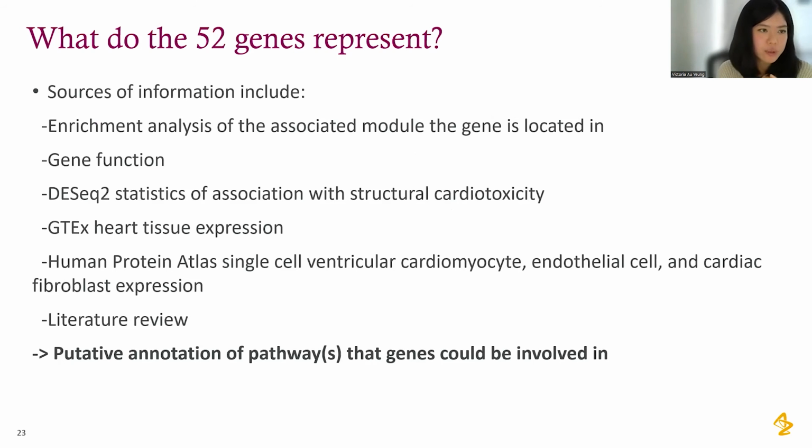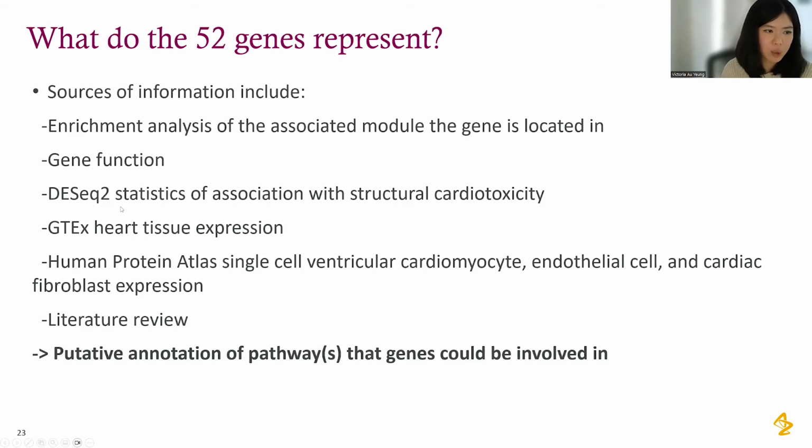So in order to achieve this, we pulled together information about these genes from different sources. One way was to look at the gene ontology terms that gene was a member of when we performed the enrichment analysis from our WGCNA analysis. Another, of course, was to look at our gene function.